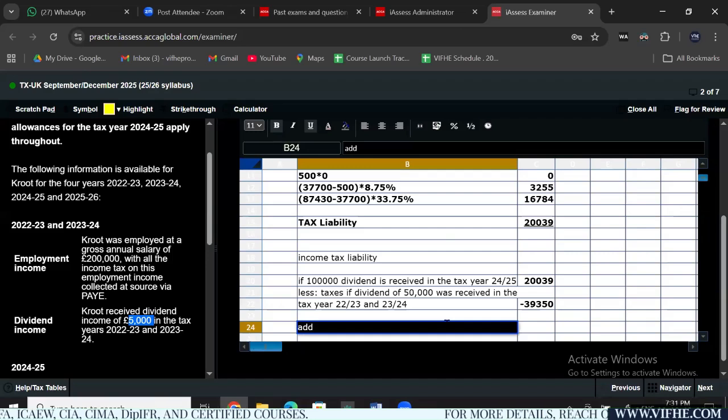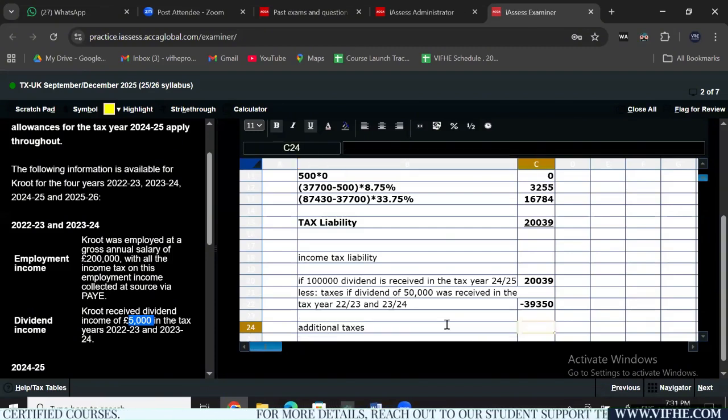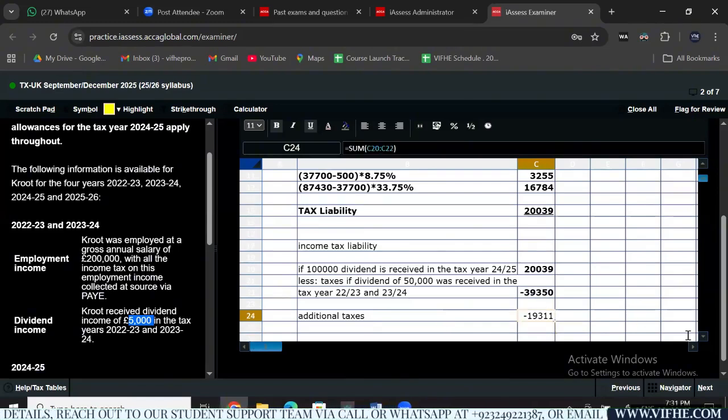So how much additional tax would they have had to bear had they instead received the dividend in the tax years 22-23 and 23-24? That would be 19,311. This would be the additional amount of tax had this dividend been received in two tax years. Is this thing clear?